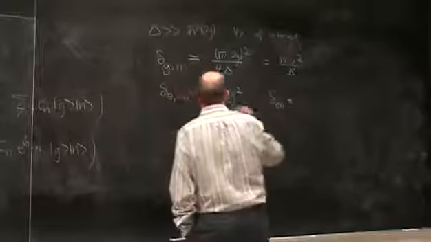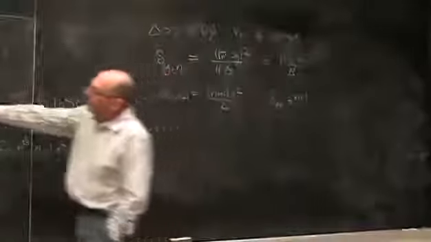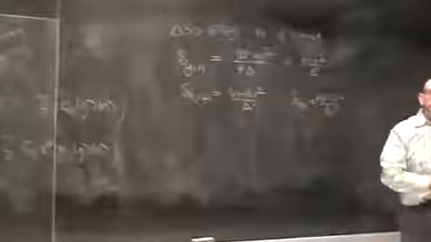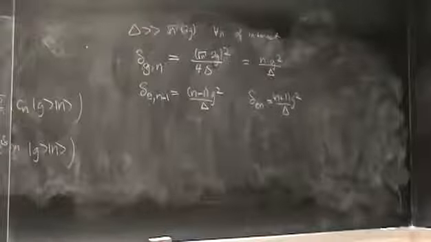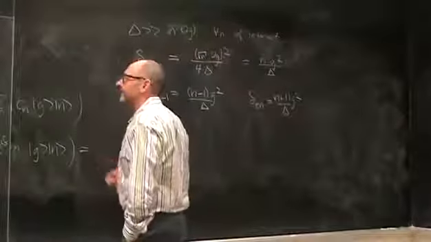It was n minus 1, n plus 1, because I have to couple G n with the n minus 1. So this is n plus 1 g squared over delta. Okay. So what we find is that this is then equal to something interesting.